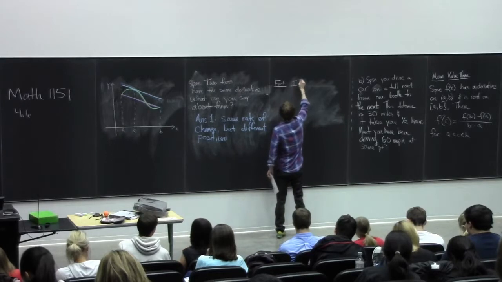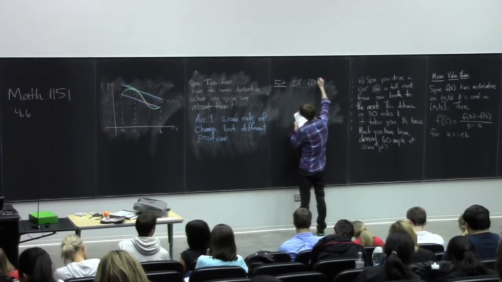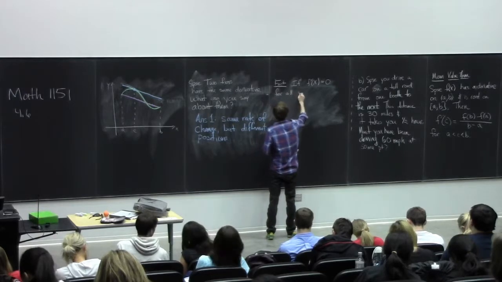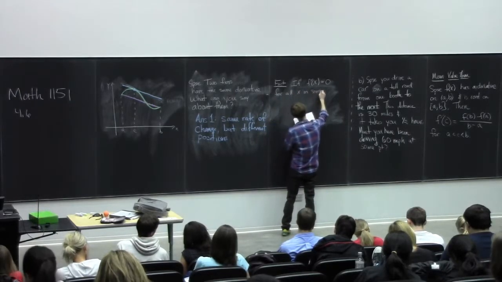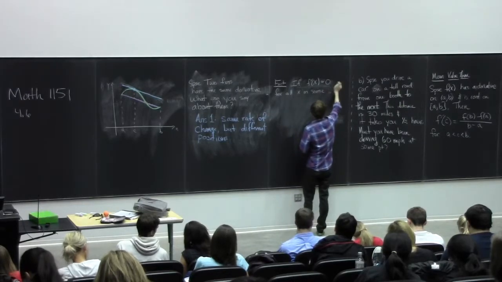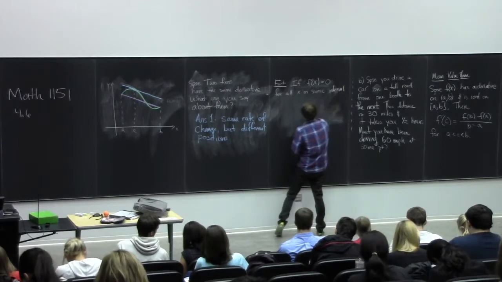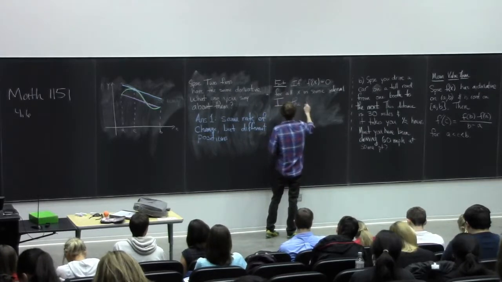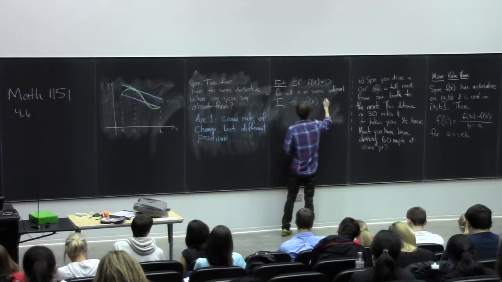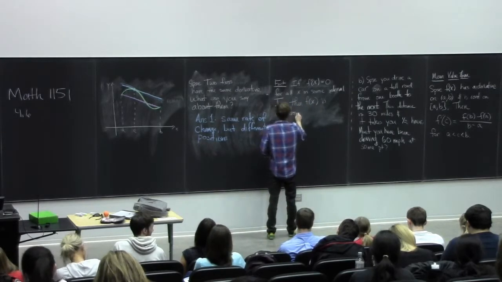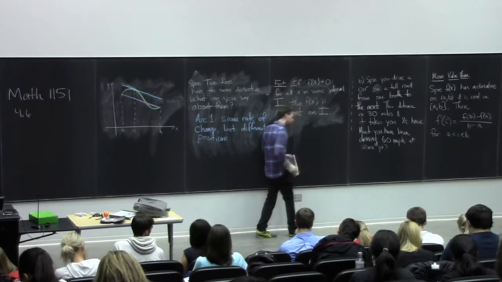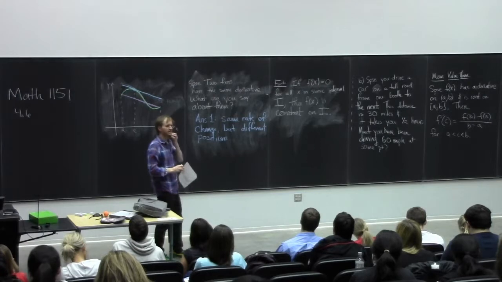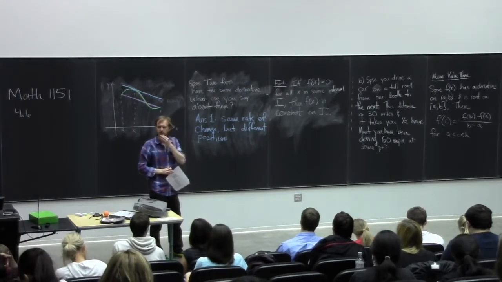Fact: if f prime of x equals 0 for all x in some interval I, that's the name of my interval, then f of x is constant on I. That should make sense. You guys believe that? I would believe that. I think that makes sense.